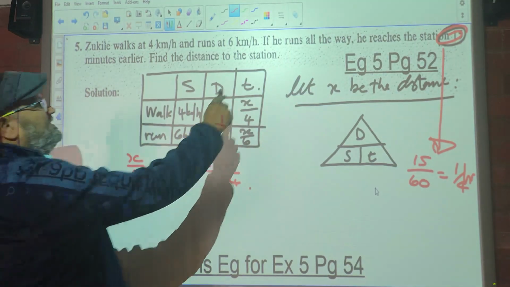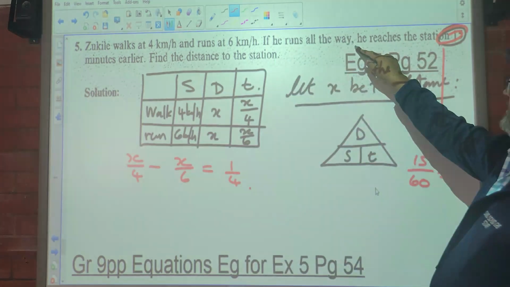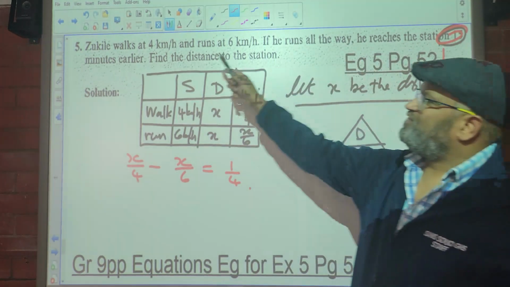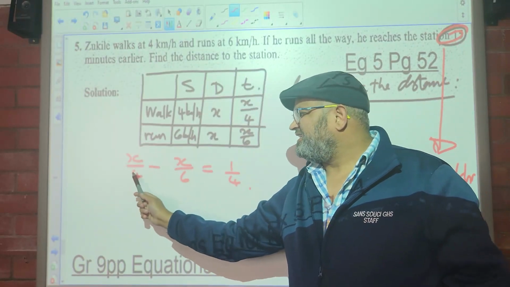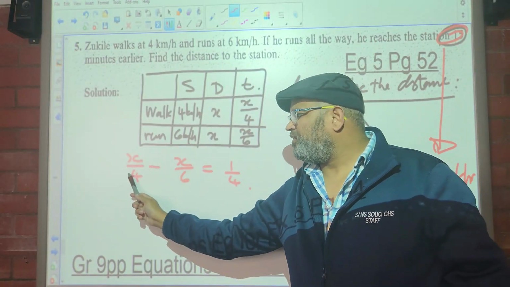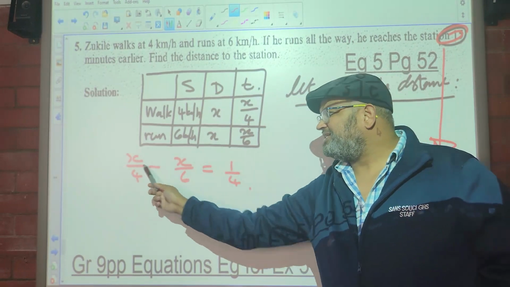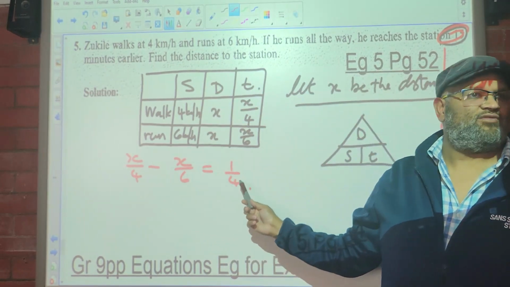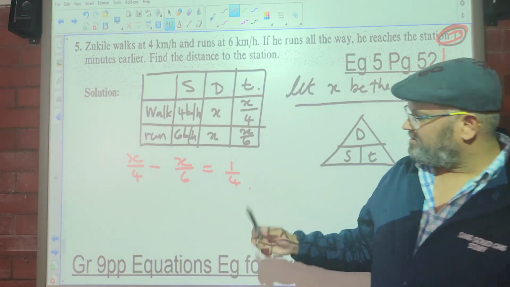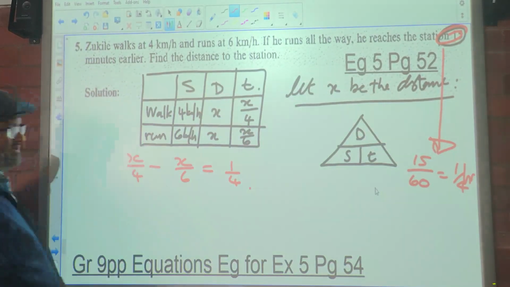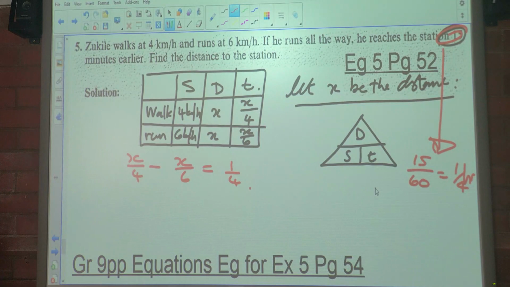Again, if you read here, if he runs all the way, he reaches the station 15 minutes earlier. Which means to say that the difference between the time he walks and the time he runs is a quarter of an hour. You guys understand? And from here, it is just exercise 3 and 4 coming into play.